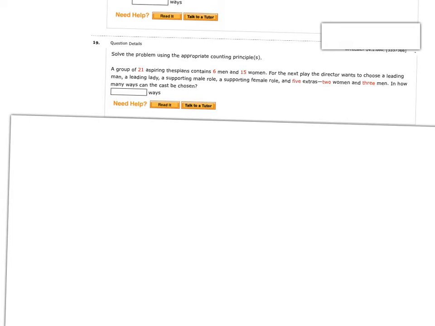All right, next up here, it says solve this using the appropriate counting principles. So I'm just going to see how it goes here. So a group of 21 aspiring thespians, and this is kind of, I think, the more important part here, 6 men and 15 women, the way the rest of this problem is going. So we need a leading man, and so I'm just going to go ahead and draw a line here. So we got leading man. Okay, we'll also need a leading lady.